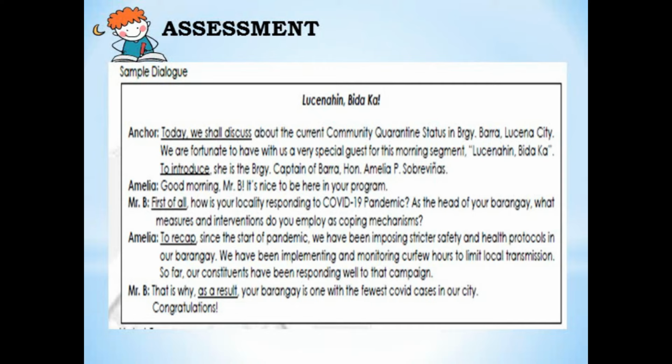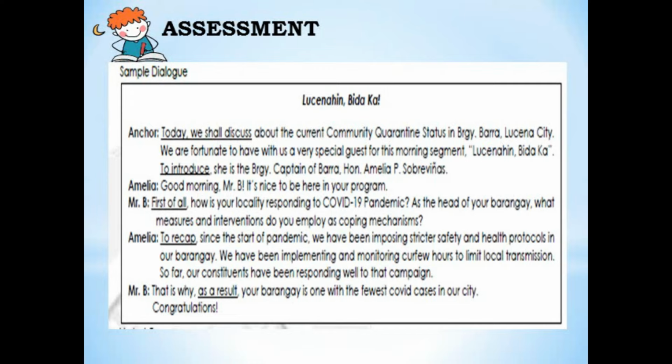Mr. B, first of all, how is your locality responding to the COVID-19 pandemic? As the head of your barangay, what measures and interventions do you employ as coping mechanism? Amelia, to recap, since the start of pandemic, we have been imposing stricter safety and health protocols in our barangay.